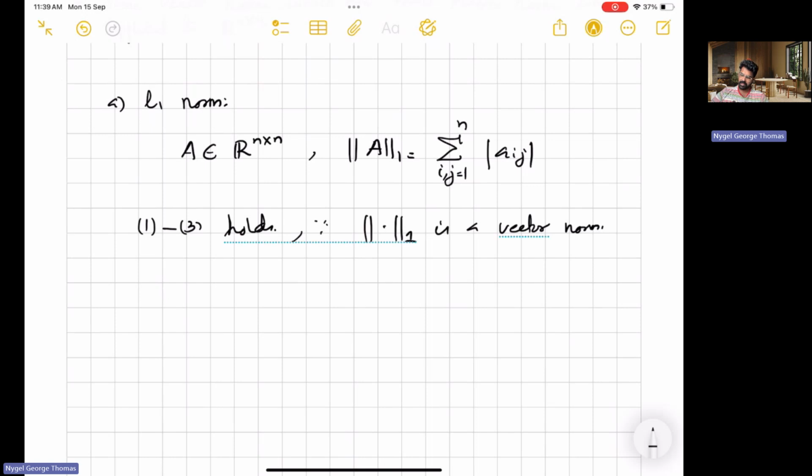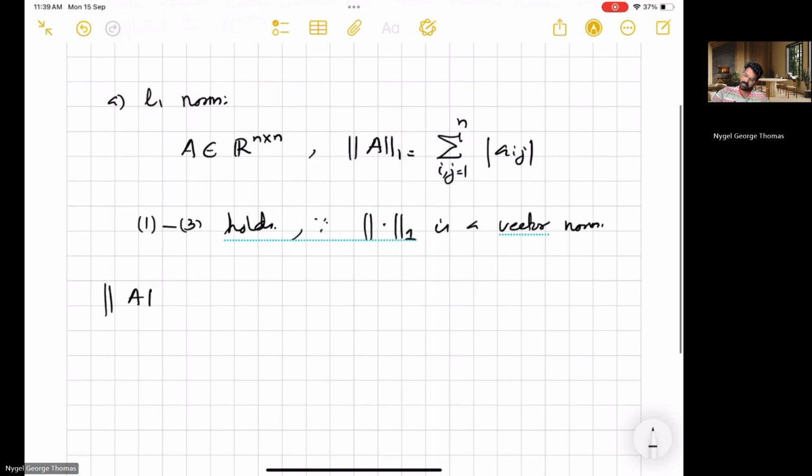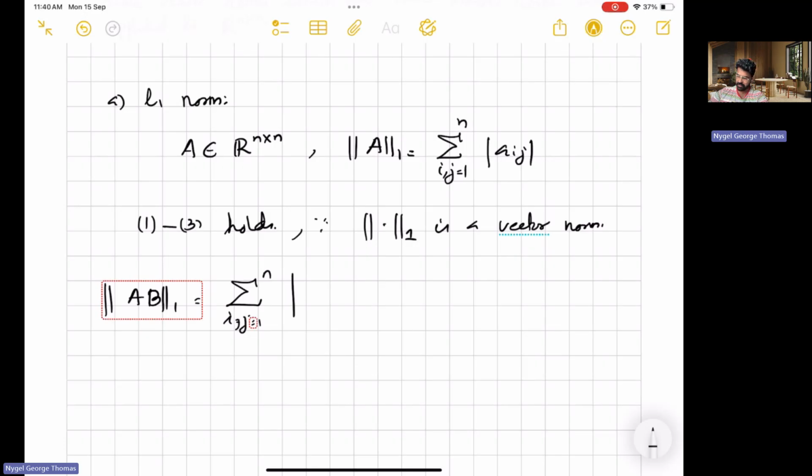Let's look at submultiplicativity. The L1 norm of AB is the sum over i, j equal to 1 to n of modulus of (AB)_ij. How do you write (AB)_ij? Matrix multiplication is written in terms of a new index k.